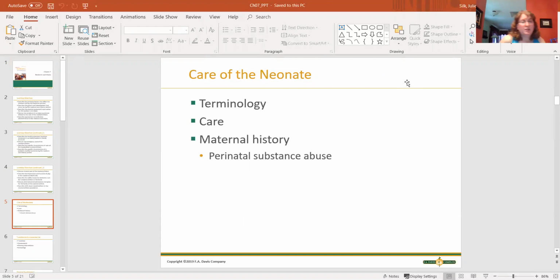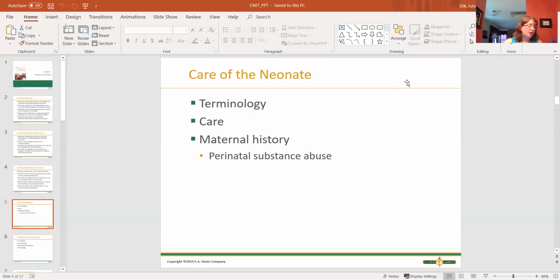When it talks about caring for a neonate, a child younger than 28 days old is considered a neonate. The term newborn refers to any preterm, term, or post-mature child, and the infancy period comprises age 1 month to 1 year.